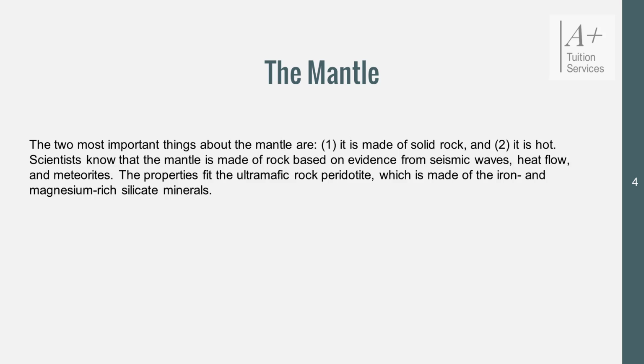The properties fit the ultramafic rock peridotite, which is made up of iron and magnesium rich silicate materials. So, the fact that this rock is made up of iron and magnesium makes it dense, which forms a solid. And mind you, this rock is also hot because it is so close to the core of the earth, which is the hottest part, this creates a hot layer in the mantle.